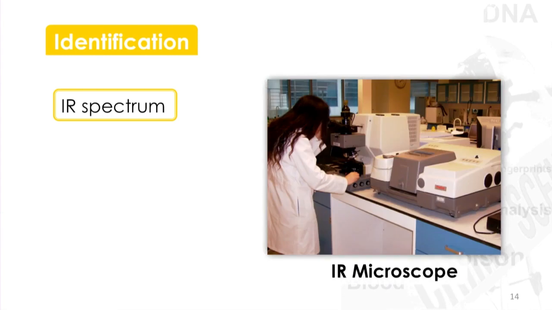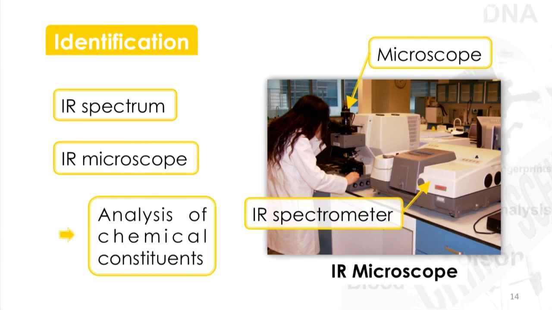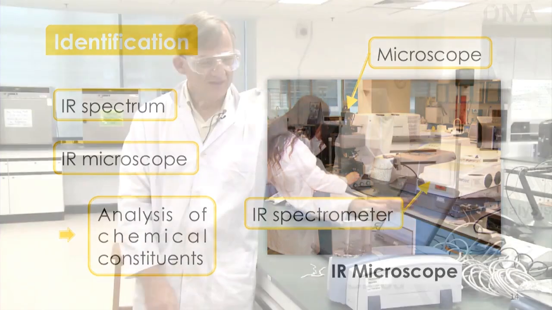So we have to use what is called an IR microscope. And this combines a microscope, so you can see the fiber, and the IR spectrometer. And this combination of the IR microscope allows the analysis of the chemical constituents of the fiber.